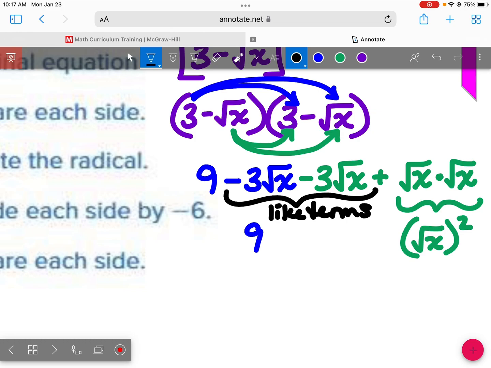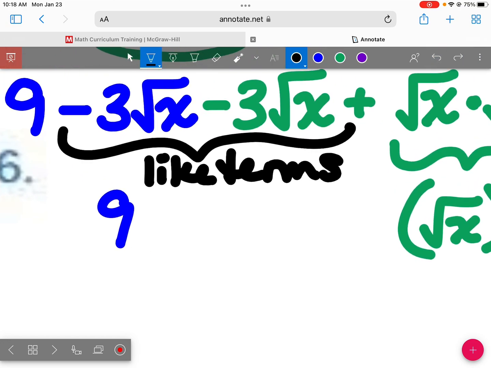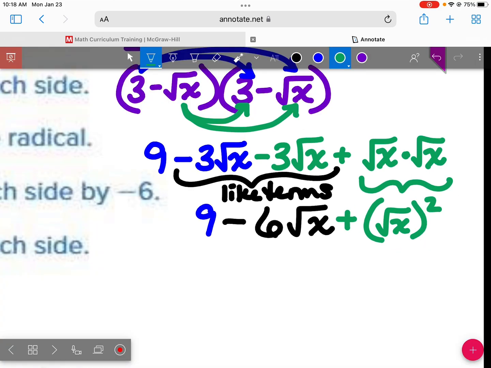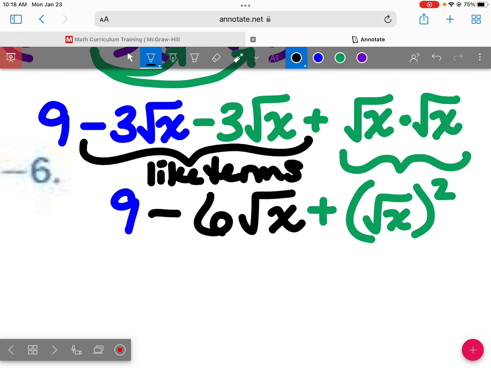Yes, so I can take those numbers in the front, the -3, and combine it with another -3. What is -3 minus 3? -3 plus 3 would cancel. -6. So I'm going to have -6 square root of x. Those are like terms there.